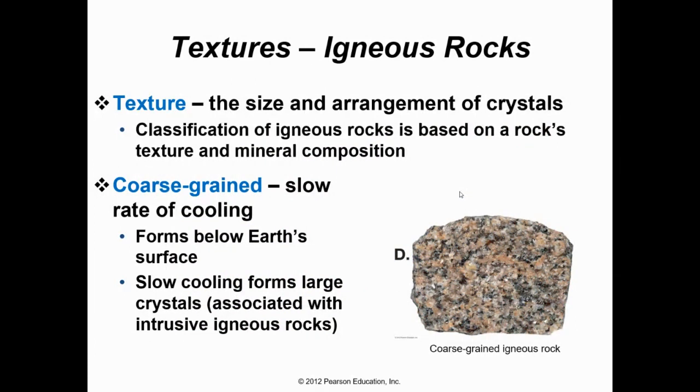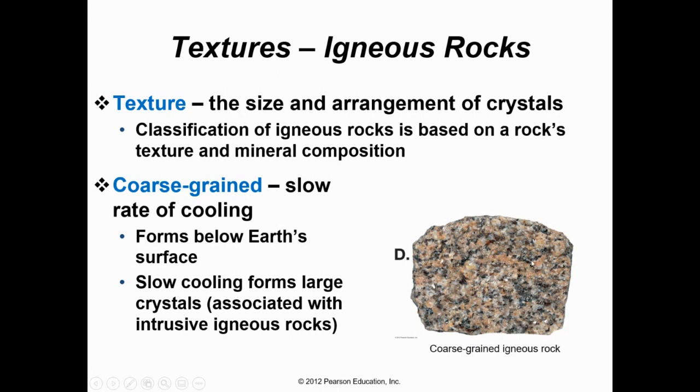So the first texture is coarse grained, which is represented by this rock here, this is granite. This is a very slow rate of cooling. So this rock solidifies from liquid magma over a long period of time, tens of millions of years usually, if not more. So what happens during that slow rate of cooling?